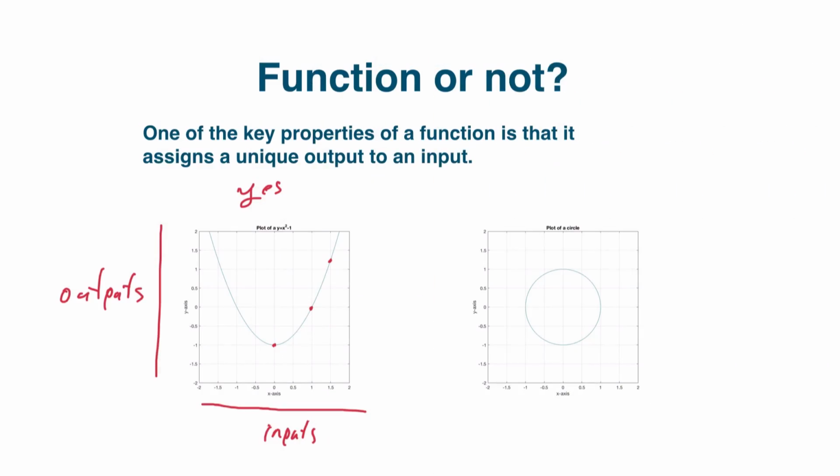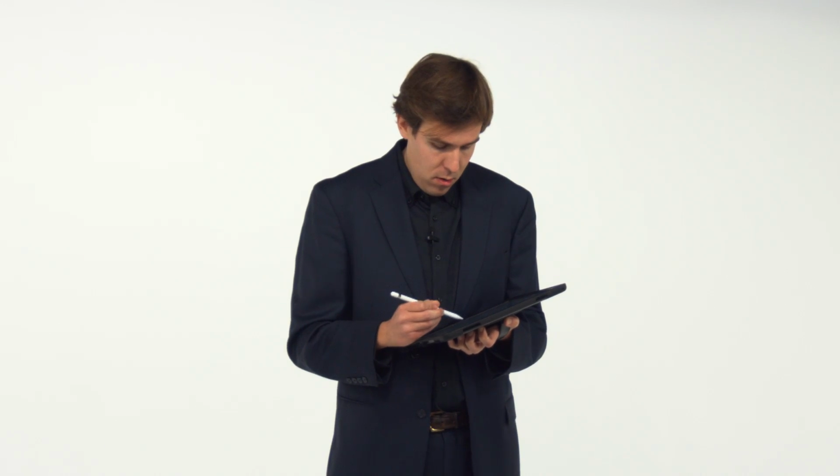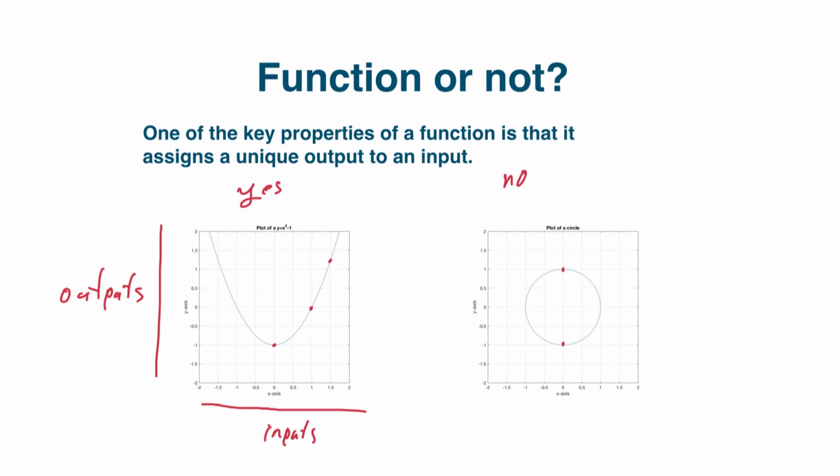Let's look at this other example that I have side by side. Here, if I think of having the input x equals 0, well, I get two outputs. I get the output y equals minus 1 and also the output y equals 1. So one input got two outputs. Bad. Not a function.